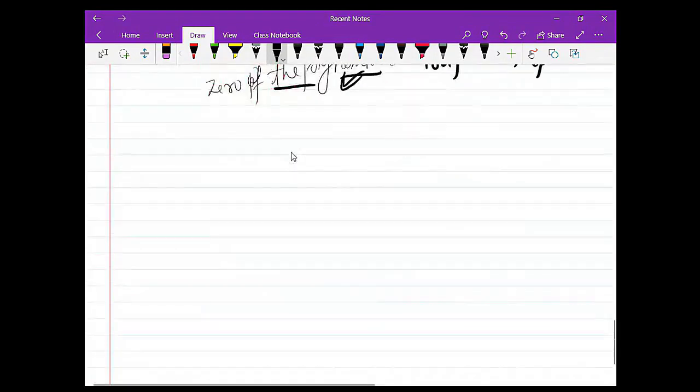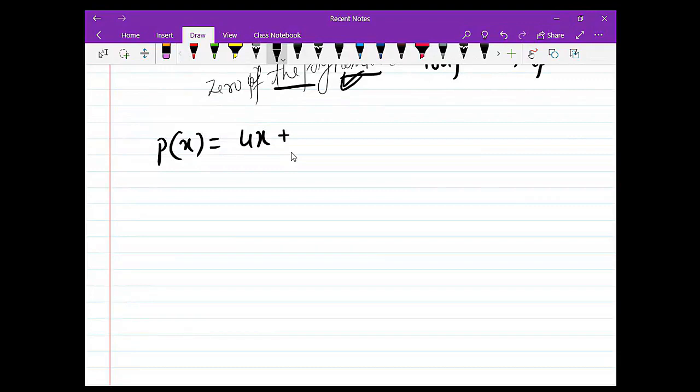Okay, see another example. Now it is very clear. If p of x equal to 4x plus 2, what is the first step? First step, make it equal to 0: 4x plus 2 equal to 0.